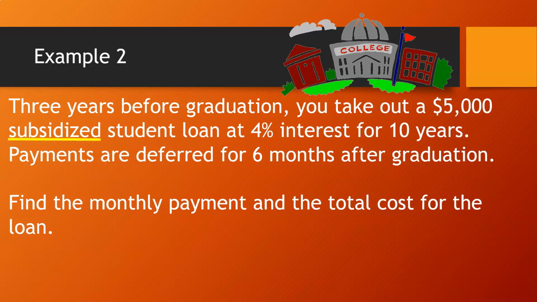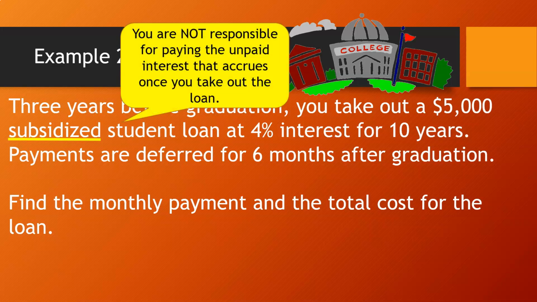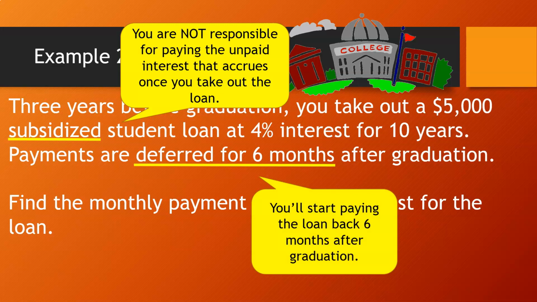This time we have a subsidized loan, which means you are not responsible for paying that interest that accrues from the time you take out the loan to the time you start paying the loan back. And when do you start paying the loan back? Well, payments are deferred for 6 months, so it'll be 6 months after you graduate when you start to pay the loan back.